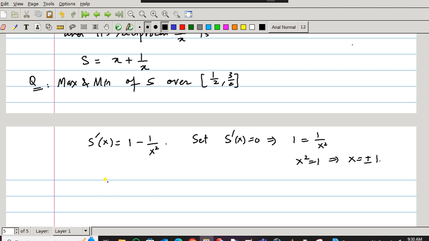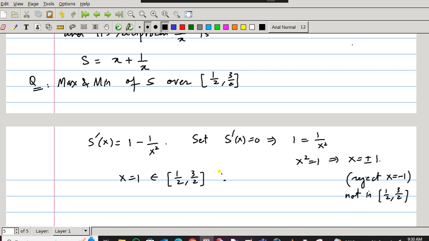But my only critical point is x equal to 1. I will ignore the minus 1. Why? Because this is the only x in my given interval, 1 by 2, 3 by 2. So I will reject x equal to minus 1, because it is not in 1 by 2, 3 by 2.